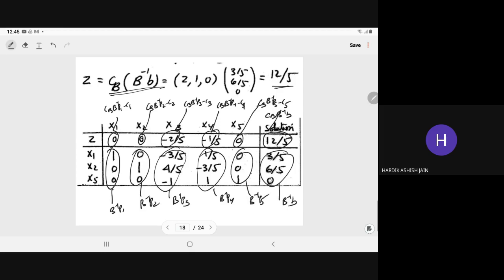I think now it is clear how to write the table through the matrices. If you have a doubt, please share.